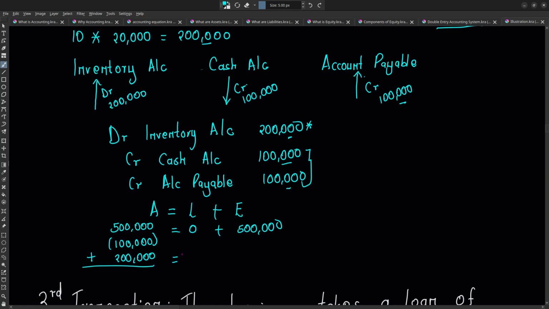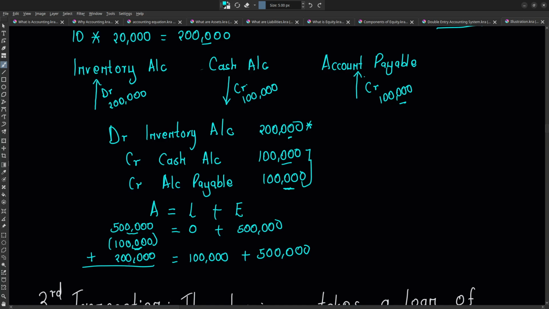Do we have a liability? Yes, we have a liability of 100,000 from our account payable. And our equity will still remain 500,000. Okay, so let us sum these. We're going to see 500,000 less 100,000 that has been reduced from the cash payment outward, so it's going to have 400,000.